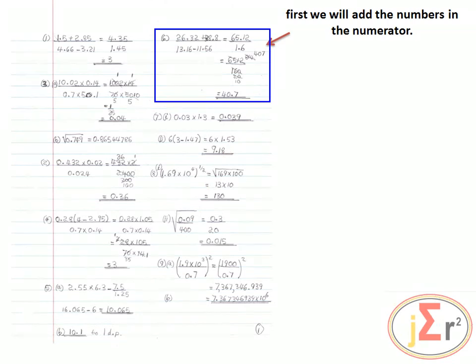We are at number 6, and we have this large fraction bar again, and we discussed before that we need to do all the operations here and all the operations here before we nicely combine them into a simple single problem. So we will add first the numbers that we have in the numerator.